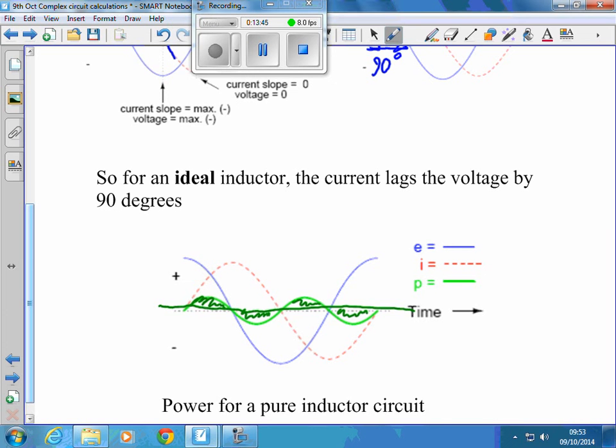An inductor uses no useful power at all. It does not convert energy into heat or anything like that. You can only get power from a resistance. Okay?